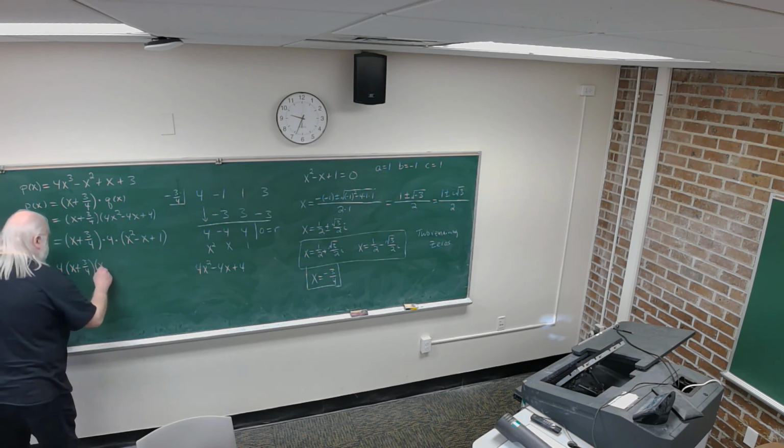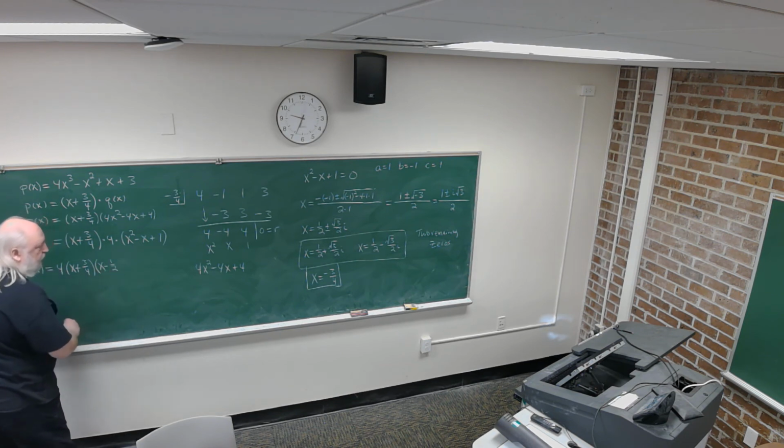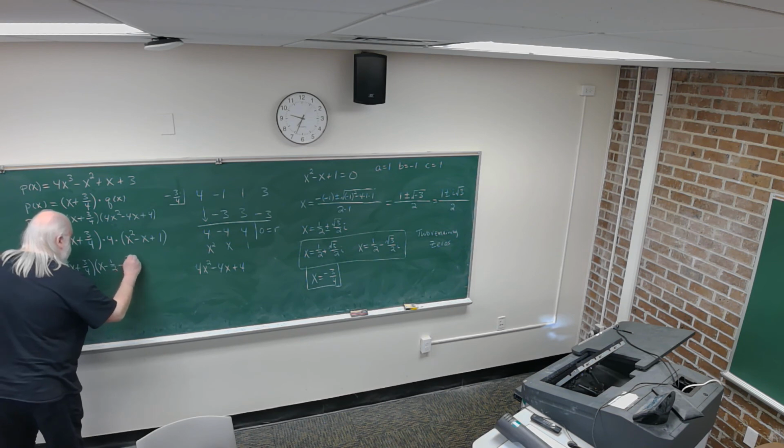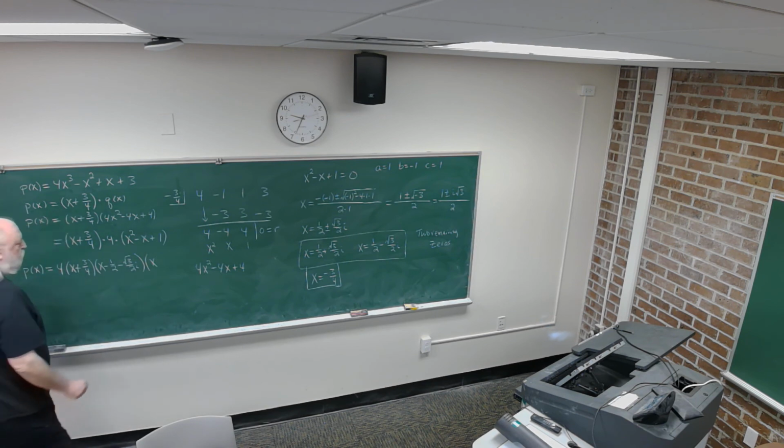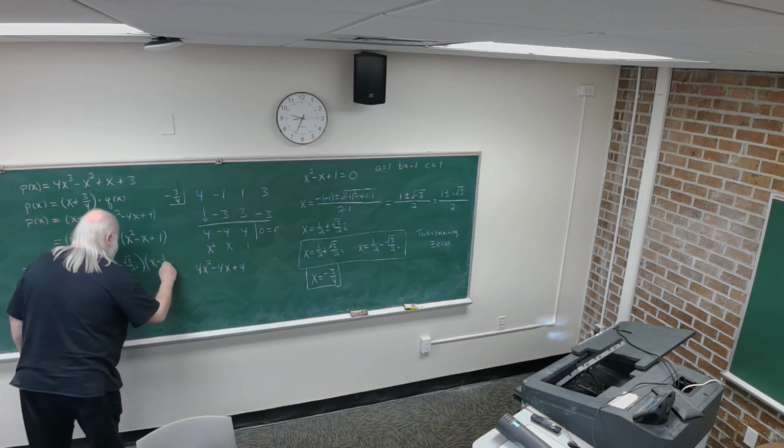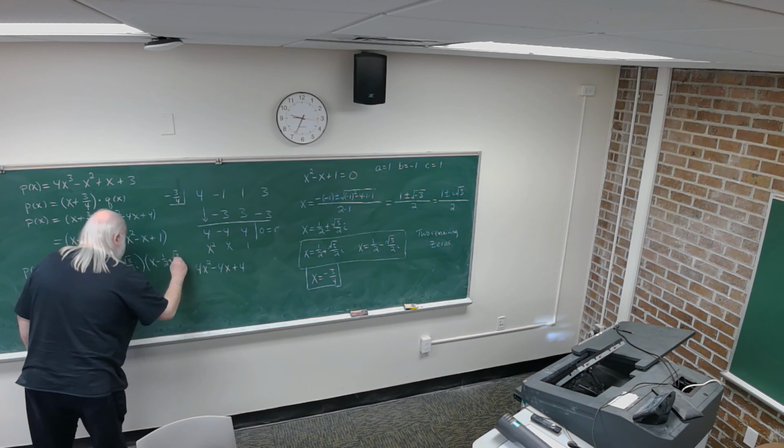Sure, x minus 1/2 minus the square root of 3 over 2 i times x minus 1/2 plus the square root of 3 over 2 i.